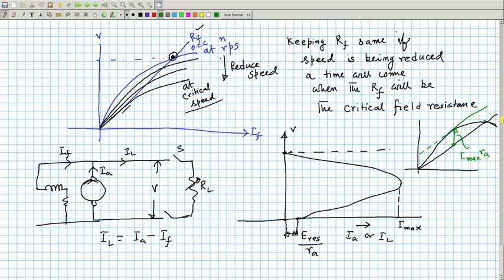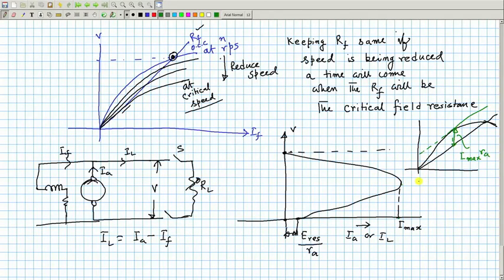So, if you have the OCC at your disposal and the field resistance line, then draw a line parallel to the field resistance line like this, then at that point wherever it touches, it will be a one valued function for a given current, given voltage. Otherwise, it is a double valued function. This we explained in my last class, from which you can estimate how much maximum current it can deliver.